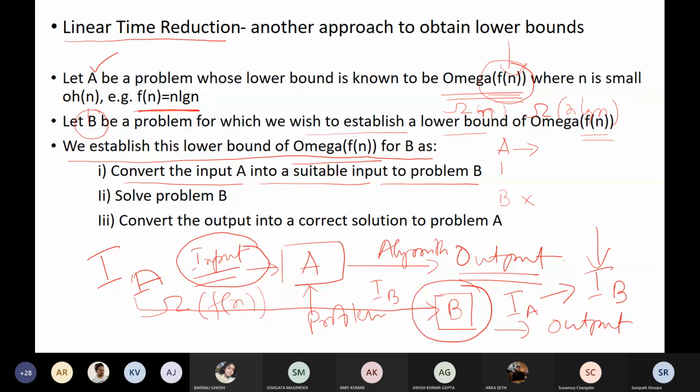Think about that. First we convert the input set for A to the corresponding input set of B by following some method. Later I will come to what the method should be.